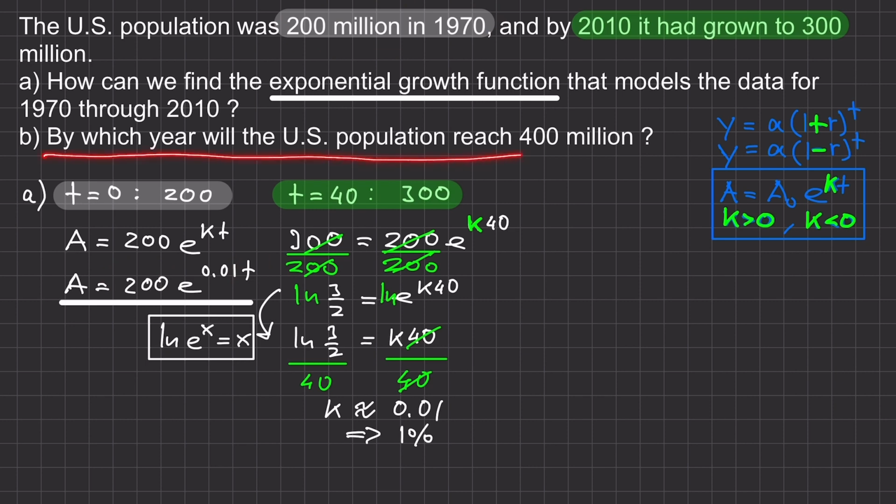By which year will the US population reach 400 million? To find the year where the US population will reach 400 million, we substitute 400 for A in our growth model and solve for t.